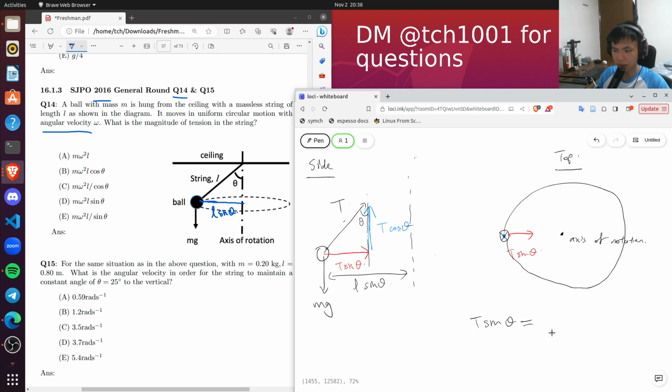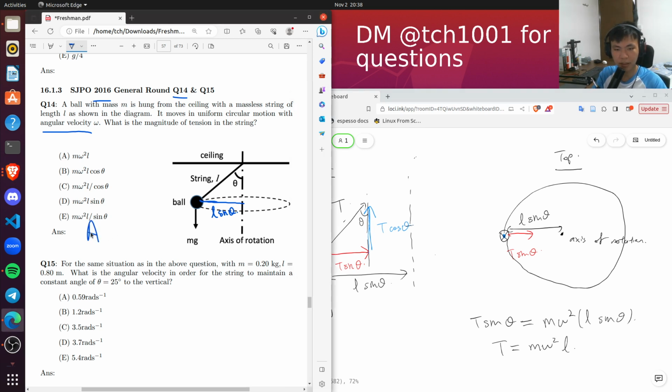So this is going to be m omega squared R, where R is this length here, but in this case R is actually just L sine theta. So from here we can get the answer, which is the sine theta cancels out, so T is just m omega squared L. Hence the answer is actually A.